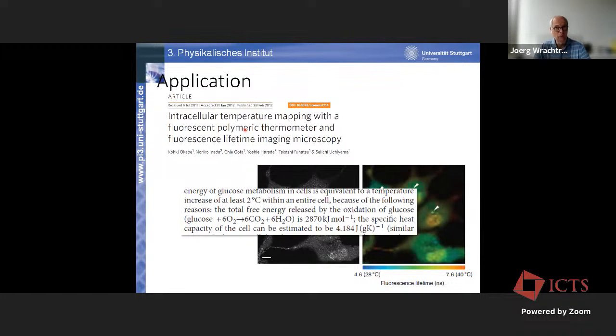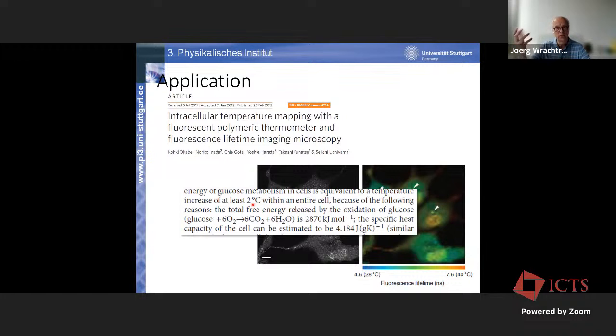If you get access to temperature profiles in cells, you get access actually to biochemical processes, and you get a way to locally measure the efficiency of biochemical processes and also their rate. This was the idea. And people were arguing that, based on measurements with other local temperature sensors, specifically molecules, they were seeing temperature differences of 2 degrees Celsius in cells.